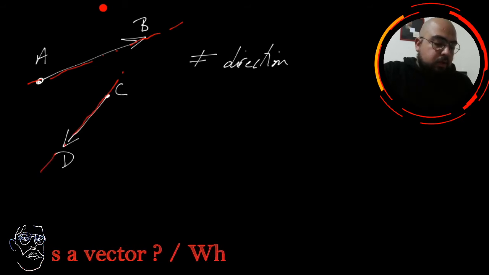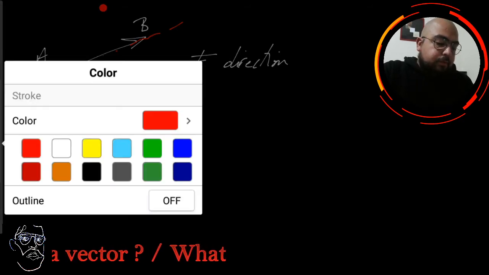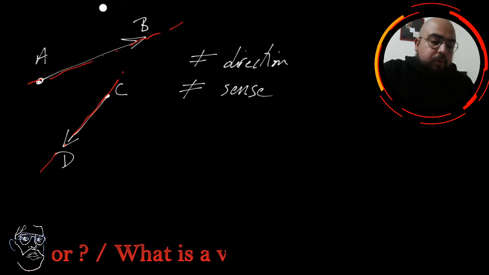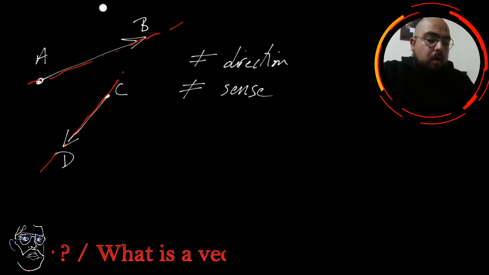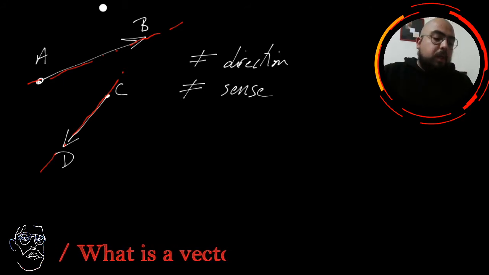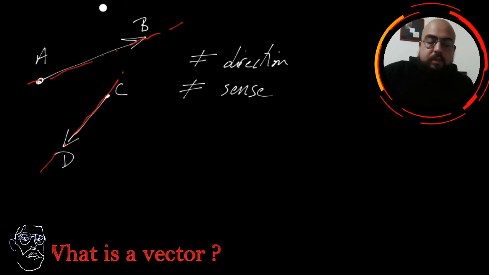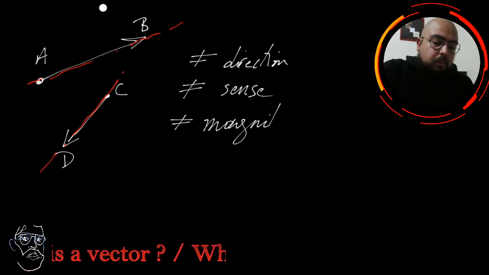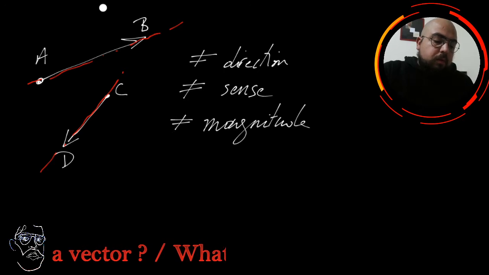So different direction. They have different sense or different orientation. AB is from A to B and it's going towards up. As for CD, it's going towards down, and of course different magnitude. This is the first case.